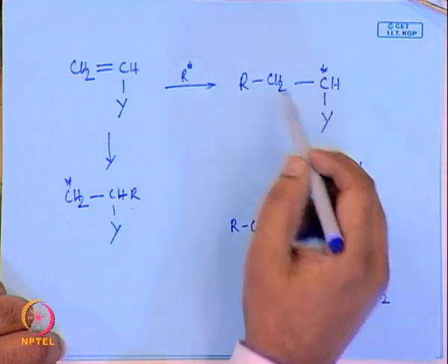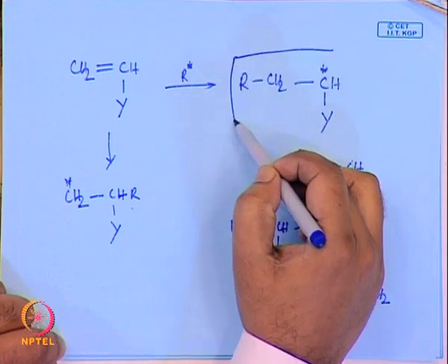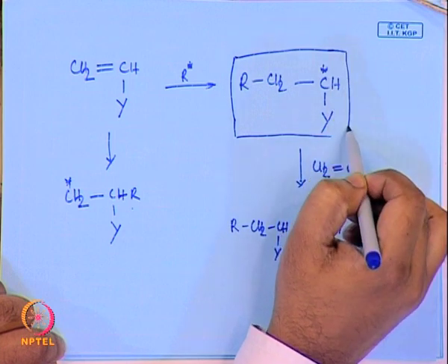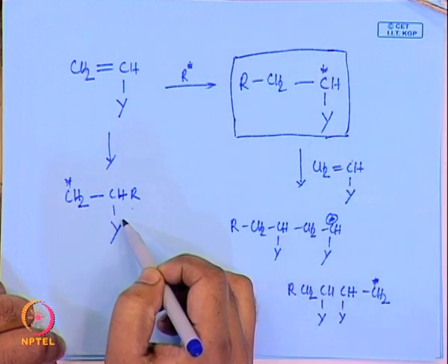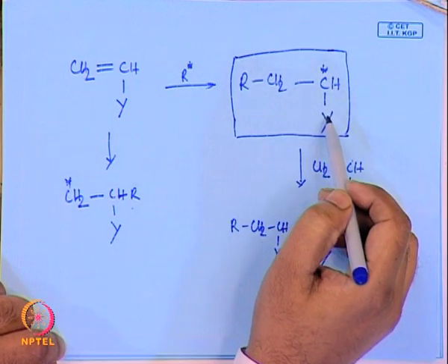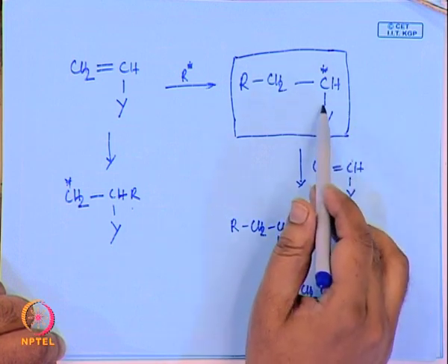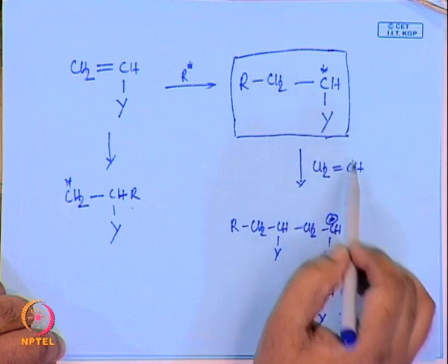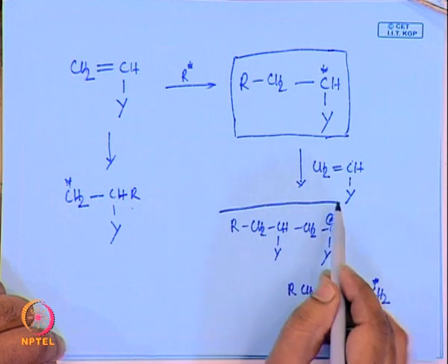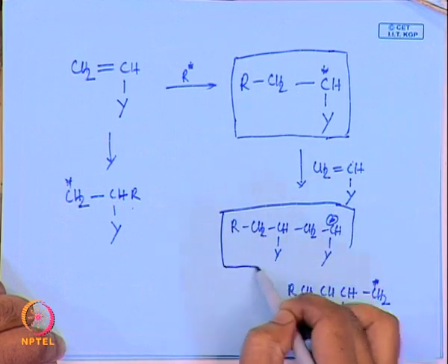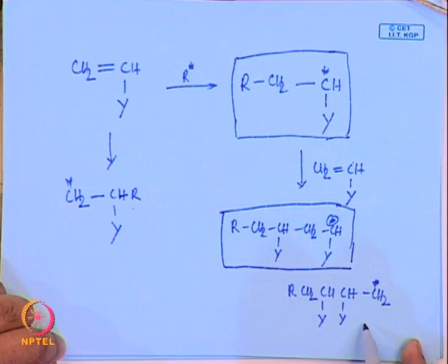Now, this is dominating, or almost exclusively formed compared to this, because of the electronic stabilization of the Y group. For the same reason, this is preferred compared to this.